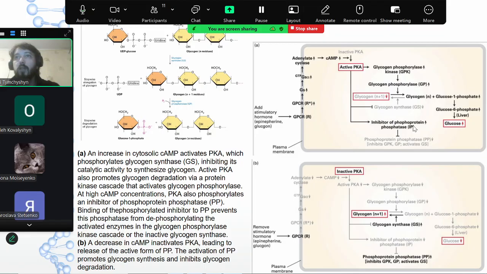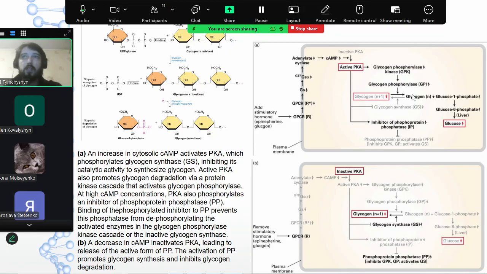So here you see what happens. Basically, this hormone tells you to do what? Create glycogen or destroy it. Look at the image.